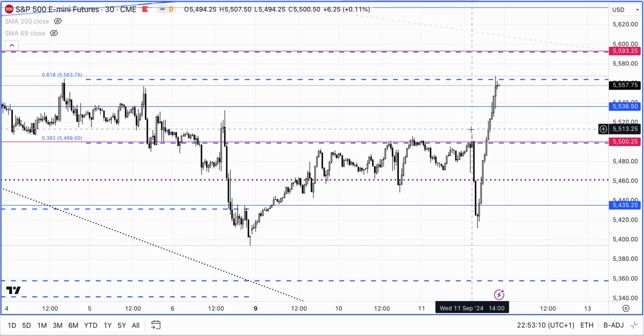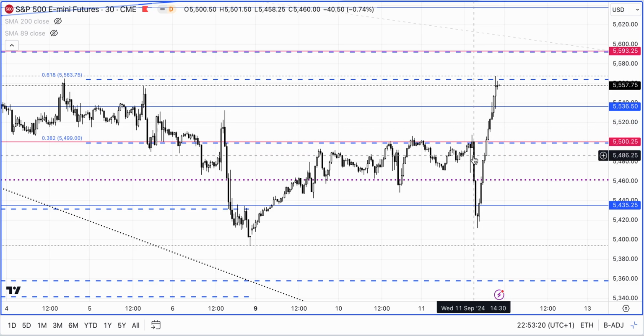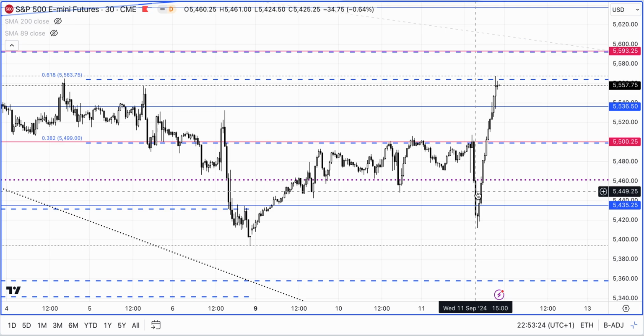And today we had the CPI data come in, so the market opened, and this is the candle. I'm in the United Kingdom, so that's 14:30 my time, and the market just sold off really hard for half an hour, 1 hour, and then found a bottom at 1.5 hours into the trading session.